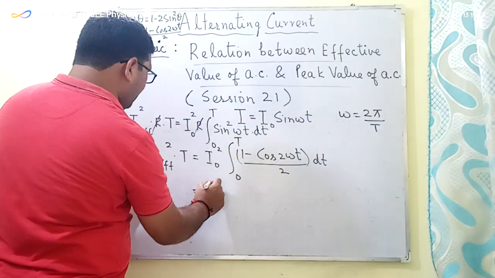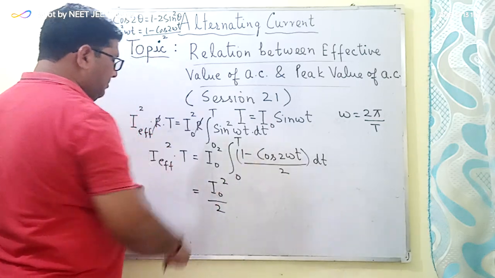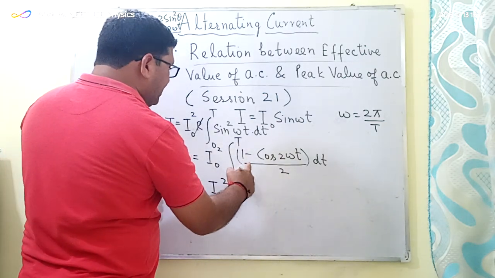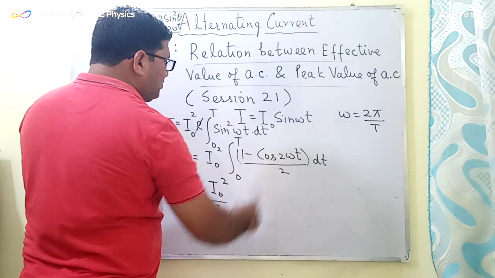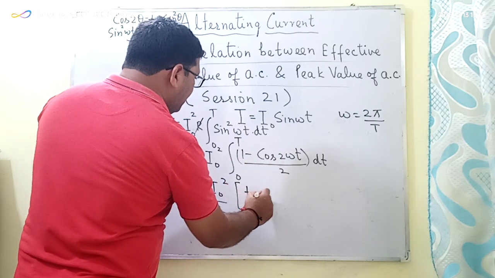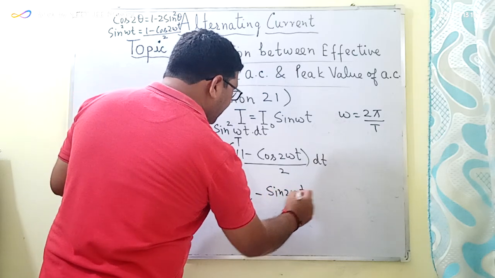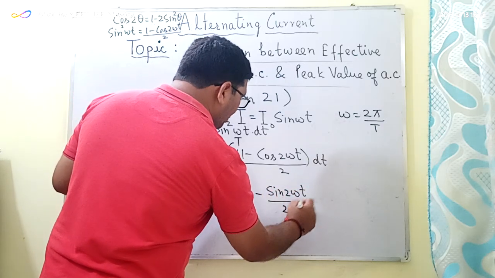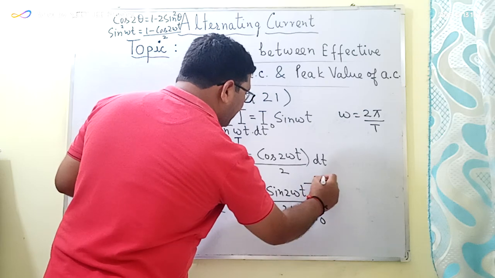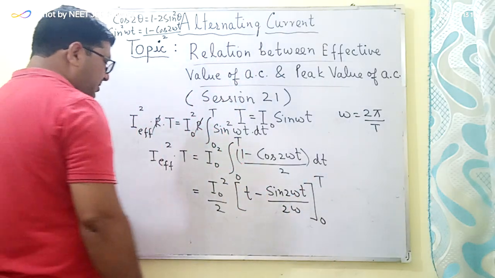Now this 2 can be taken out, and the integration of 1 minus cos 2 omega t will be t minus sine 2 omega t divided by 2 omega within the limits of 0 and capital T. Here capital T is the time period of the alternating current.